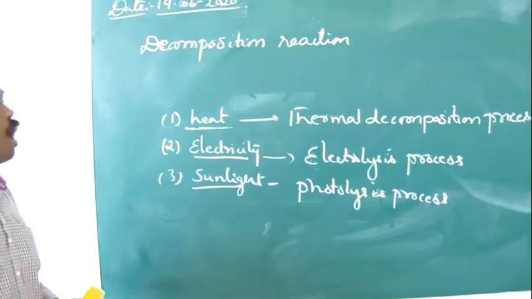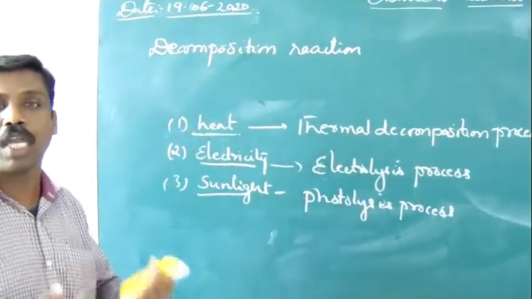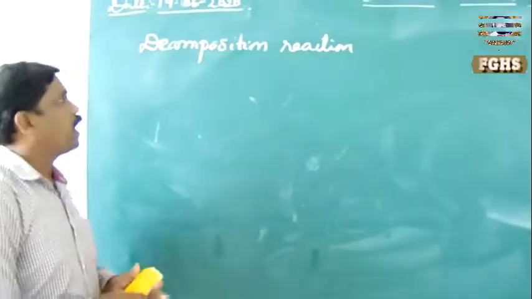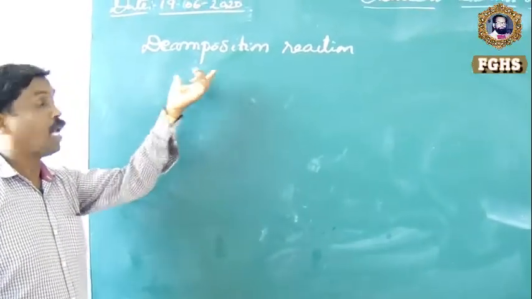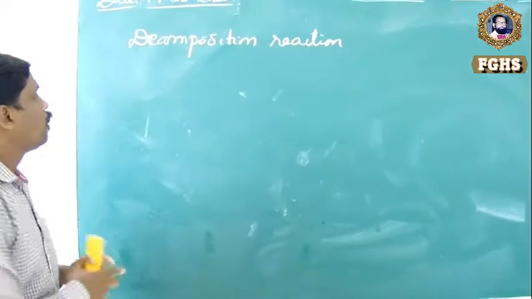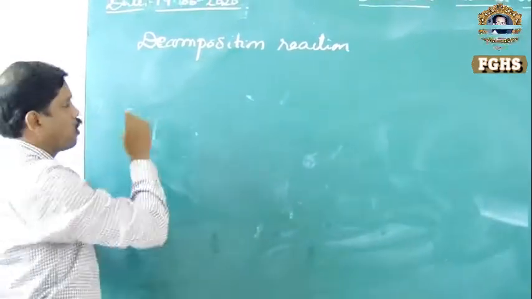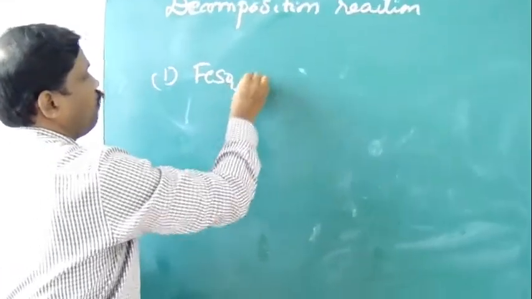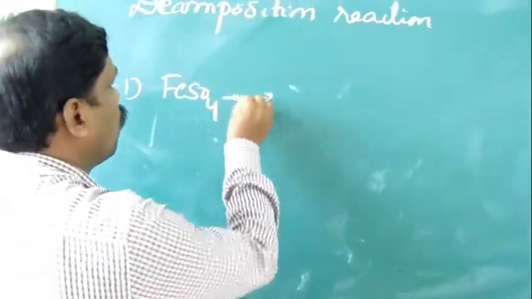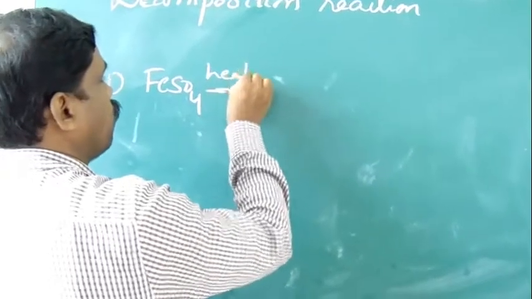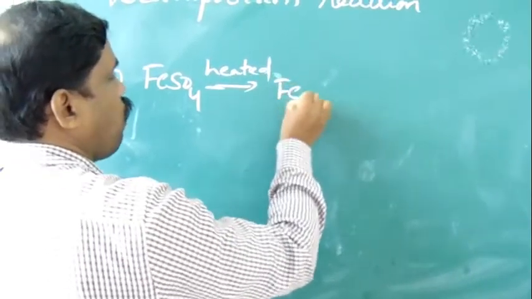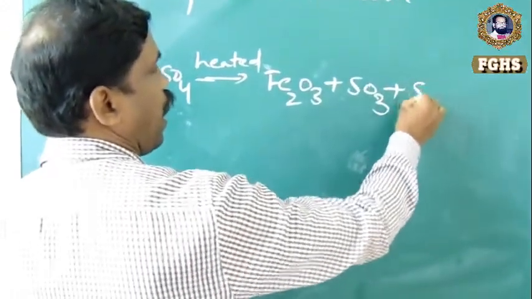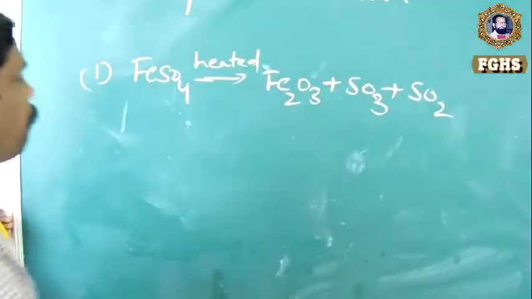Now let us understand how decomposition reaction can be carried out using heat. When ferrous sulfate is heated, it gives ferric oxide, sulfur trioxide and sulfur dioxide.